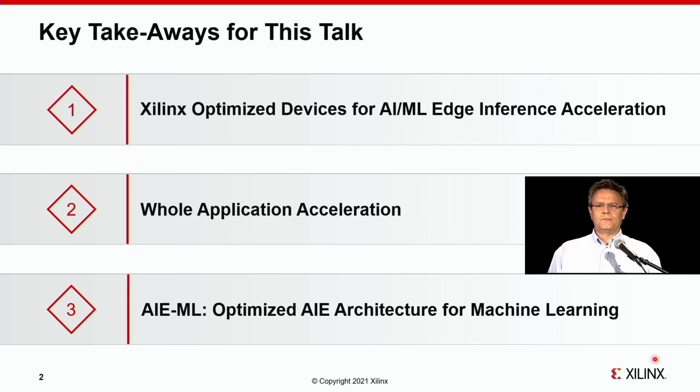Finally, the third bullet is this: we are introducing the new AI/ML architecture. This AI/ML architecture is optimized for inference and is the 2nd generation architecture after the 1st generation AI that was introduced at this conference a couple of years ago.